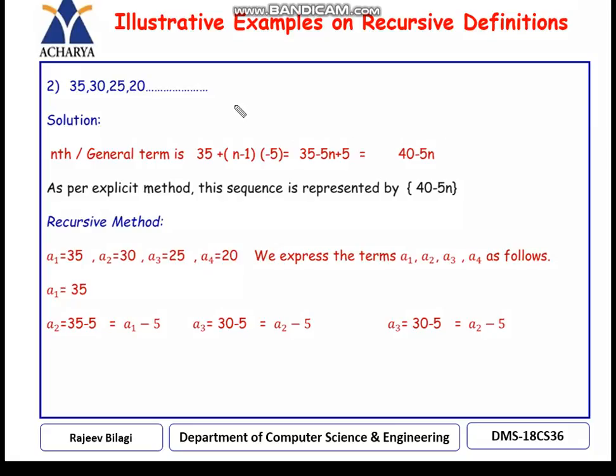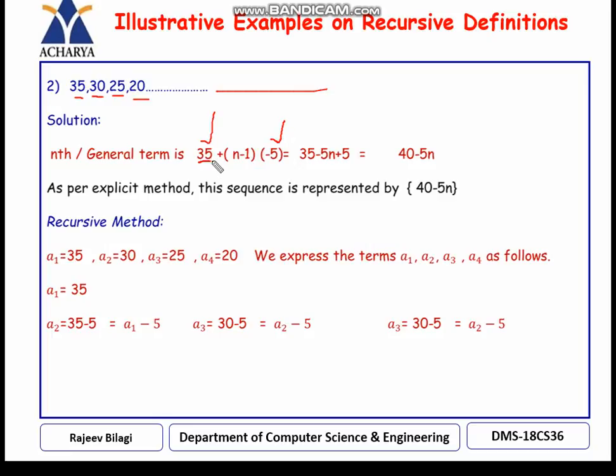Okay, we'll see another problem. 35, 30, 25, 20, and so forth. If you look at the numbers, again it is an arithmetic progression only, where a is equal to 35 and d is decreasing, so that is why I have taken it as minus 5.